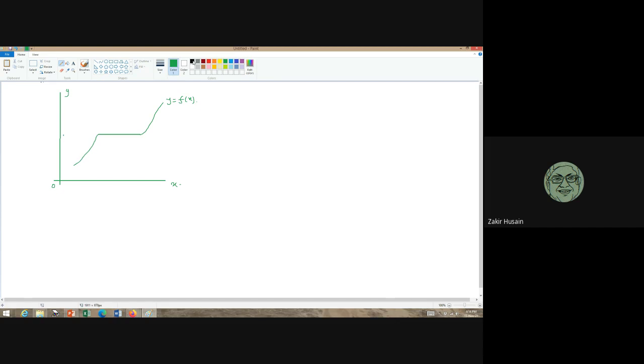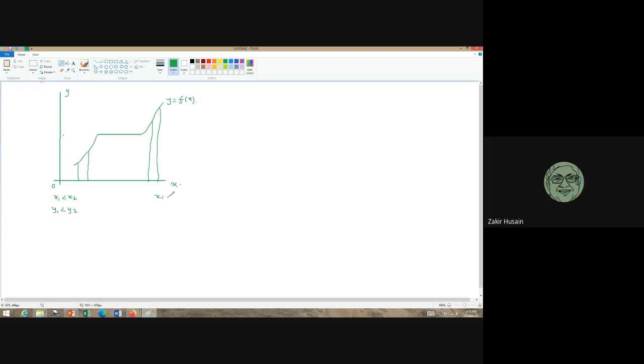If we take points like these in this range, and x2 is greater than x1, we are going to have y1 greater than y2.